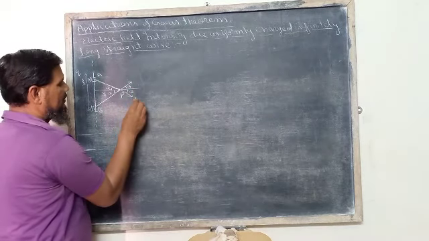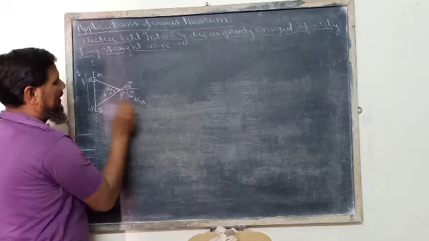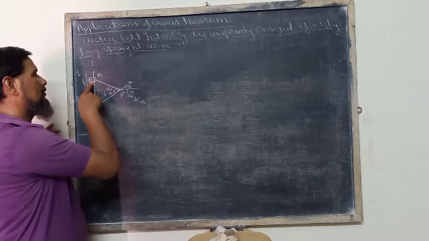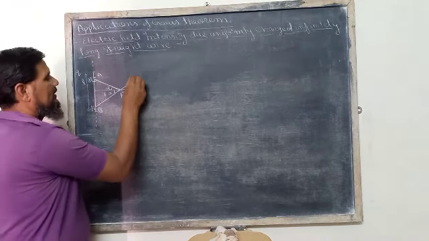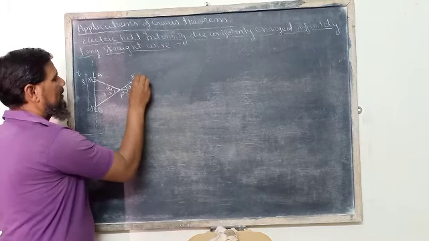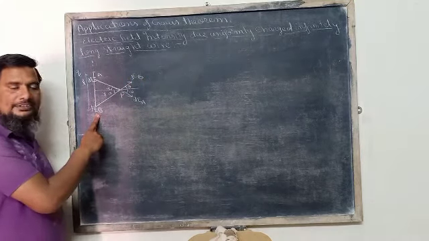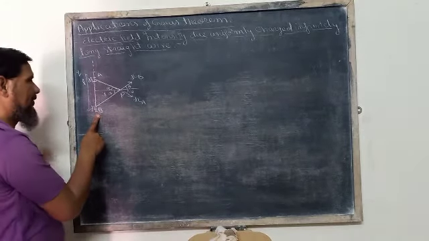This is the direction of dE_A, the electric field intensity due to length element A, and this is dE_B, the electric field intensity due to length element B.